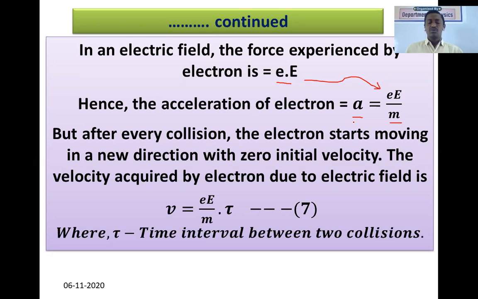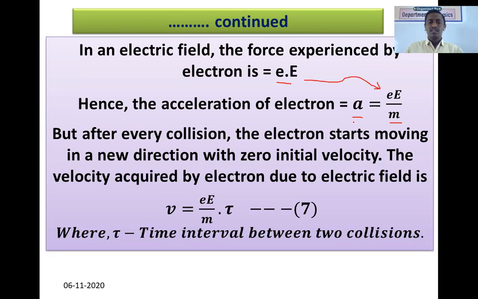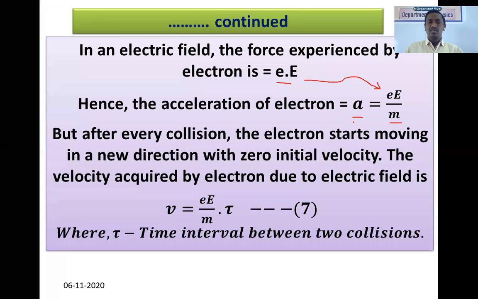Okay, now we know, in the general case, according to the assumptions of the Drude-Lorentz free electron theory, the electron moves in a random direction inside the entire volume of that metal or conductor. Due to its random motion, there are chances of collision.